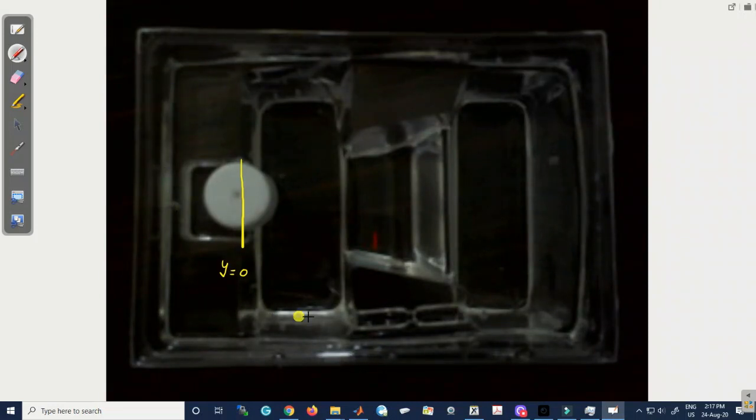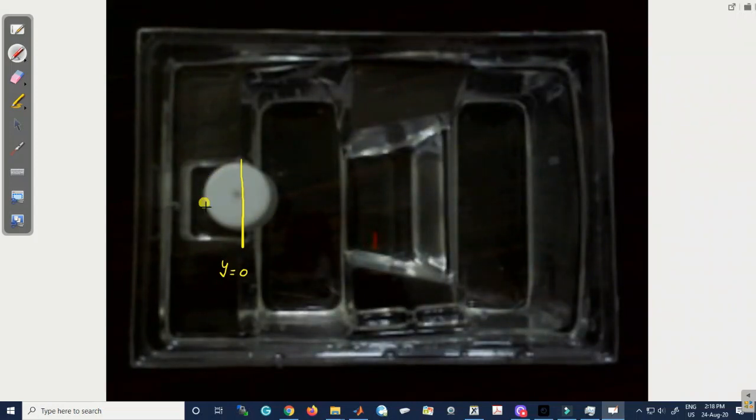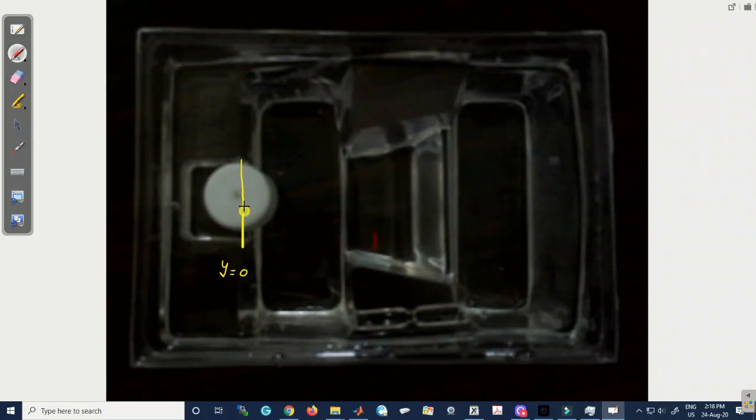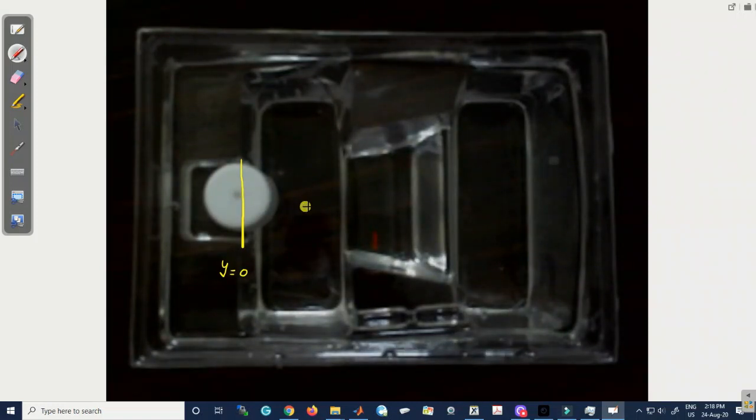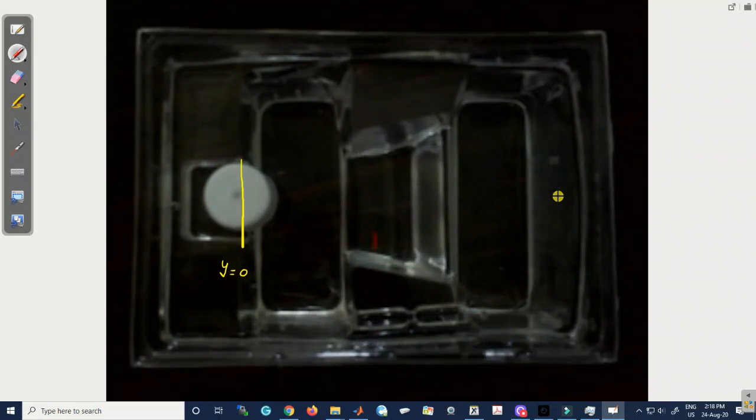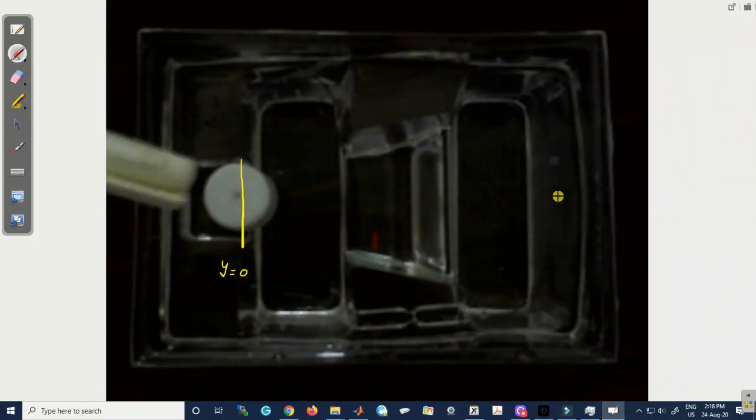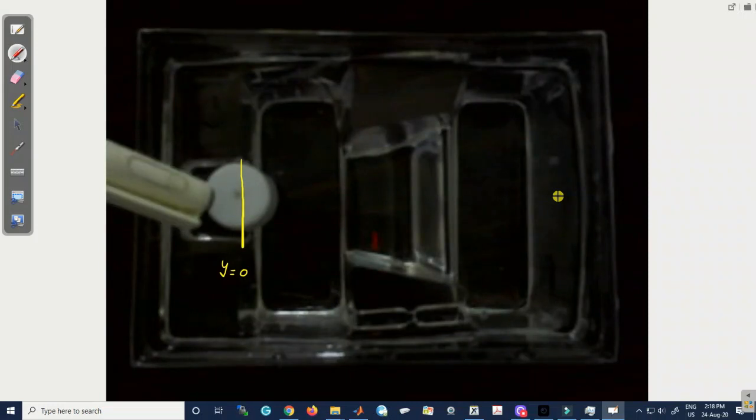Here in a plastic container containing some water, I have a float floating. Suppose this position of the float is y equal to 0 and y increases from left to right. Now with a pen I will give an impulse force towards the right on this float like this.